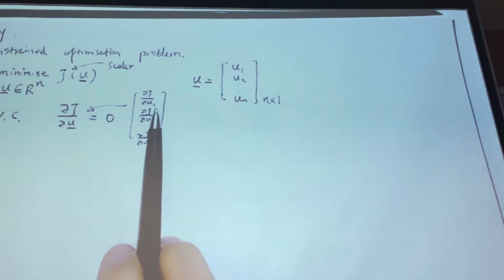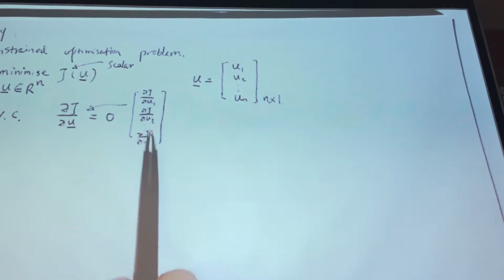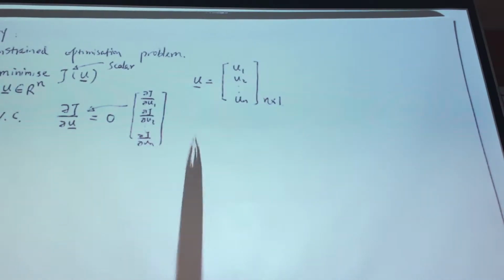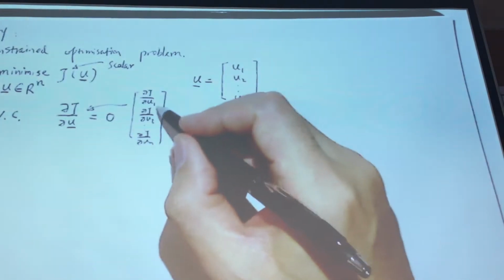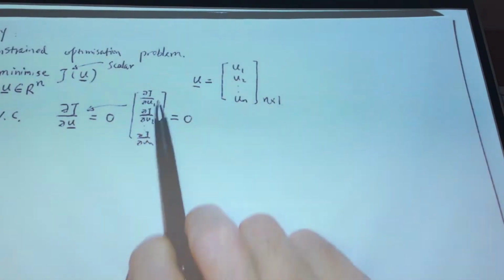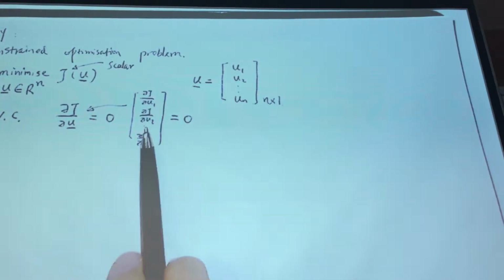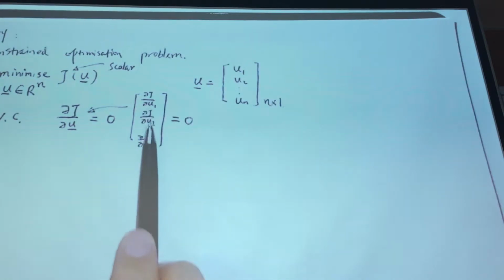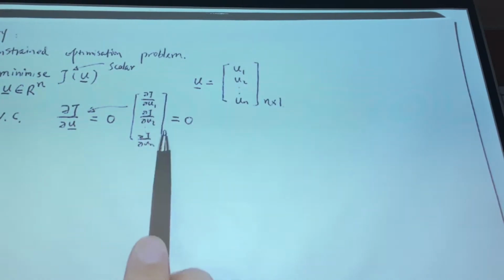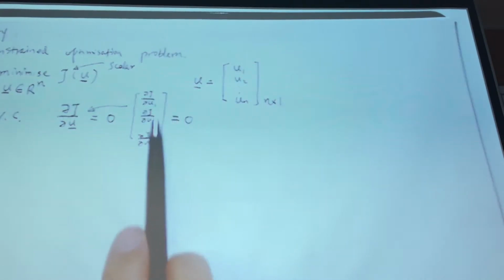In this representation, all the components are scalar, so you know how to evaluate the equations. This column vector needs to be 0, so all the components should be 0. This will give us n equations, and there are n unknowns. So we can determine these n unknowns from these equations.